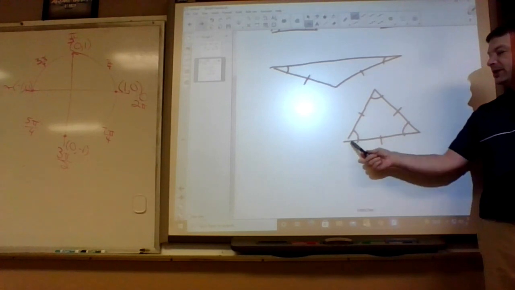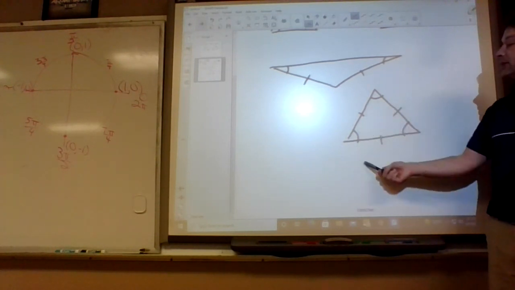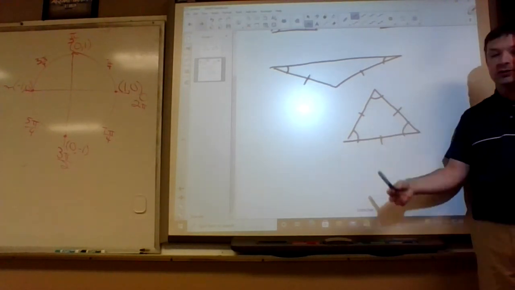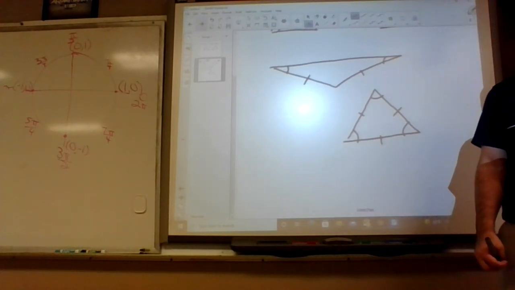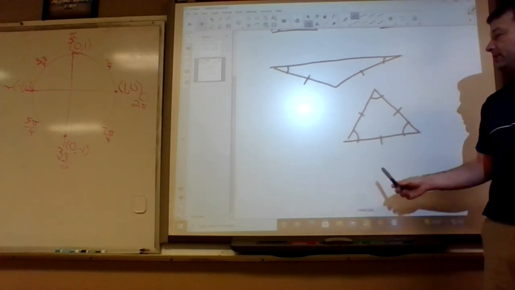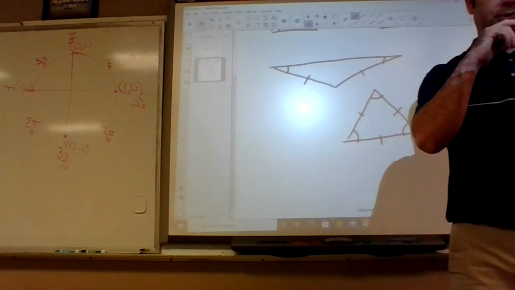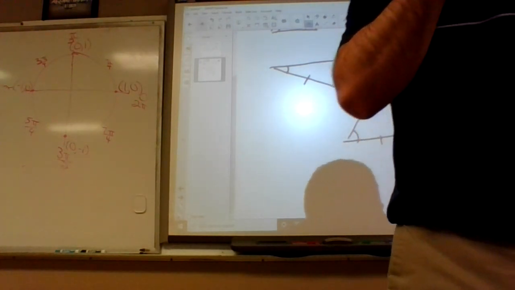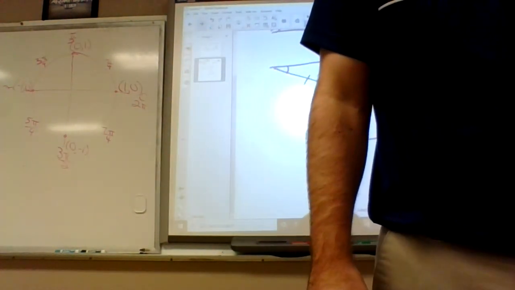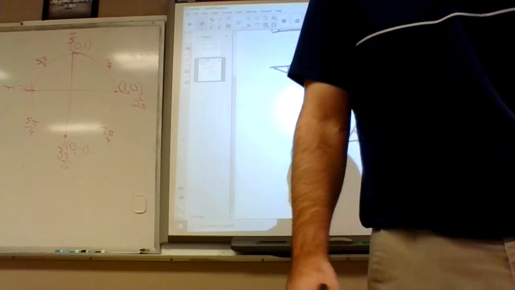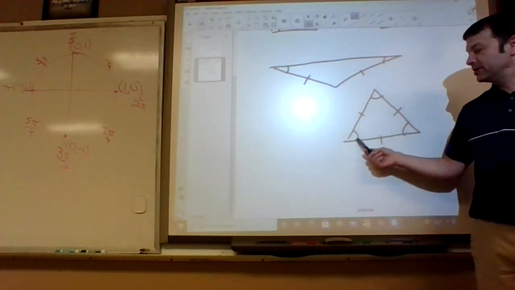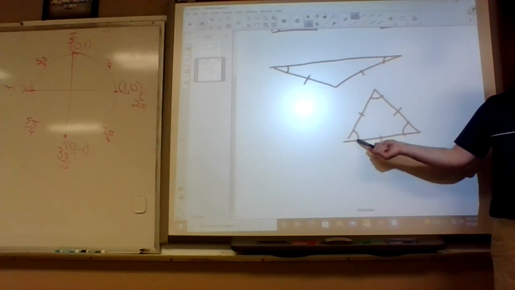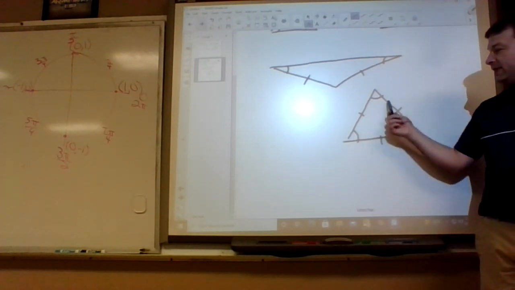So we can use that as a theorem now too. Equilateral triangles are also equiangular triangles. Equal everything, kind of like squares. So what does that mean? Each angle on an equilateral triangle would have to be 60. 180 divided by 3.